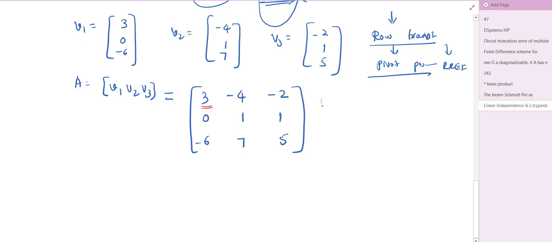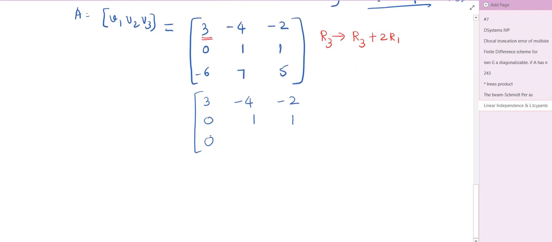I'll change R3 to R3 plus 2 times R1. Now I get 3, minus 4, minus 2, then 0, 1, 1, and then 0, 7 minus 8, which is minus 1, and 5 minus 4, which is 1.